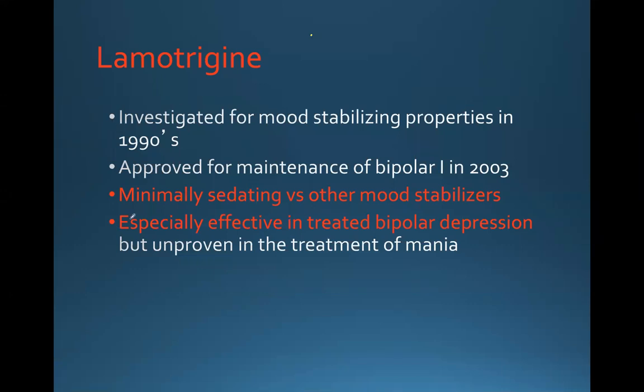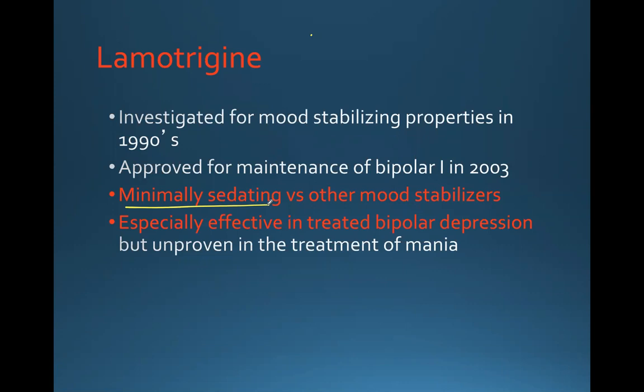One of the big advantages was that it was minimally sedating compared to some of the other drugs. And it seemed to be effective for the depression part, whereas a lot of the other drugs we had seemed to be more effective for mania.